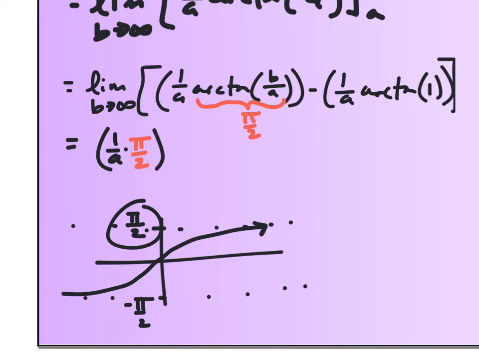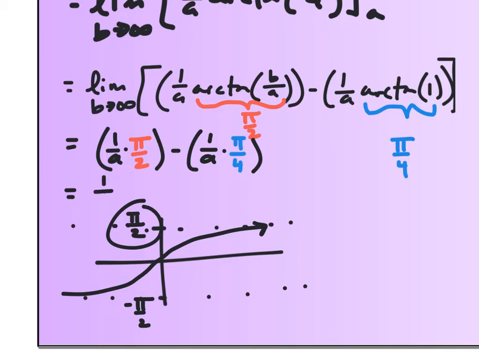Okay. Over here, what's the arctangent of 1? The arctangent of 1 is an angle, and that angle is pi over 4. So then we have minus 1 over a times pi over 4. If I factor out a 1 over a, I have 1 over a times pi over 2 minus pi over 4.